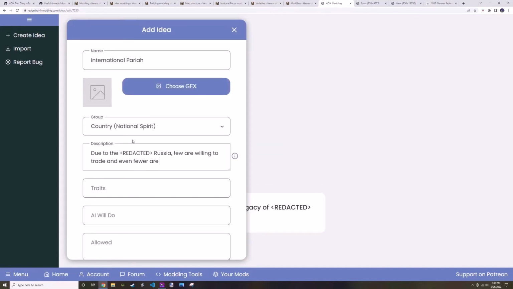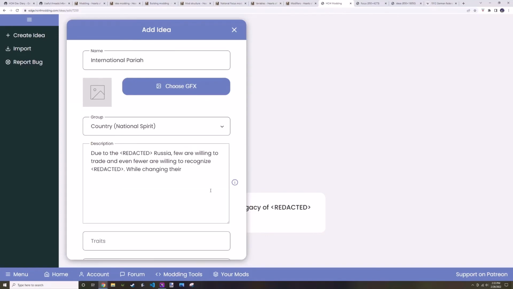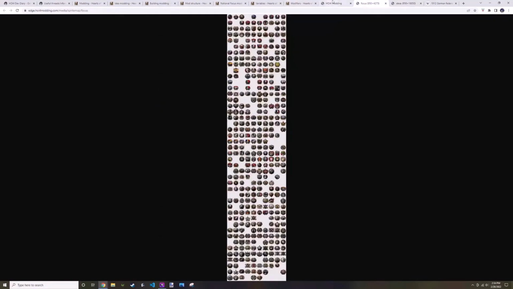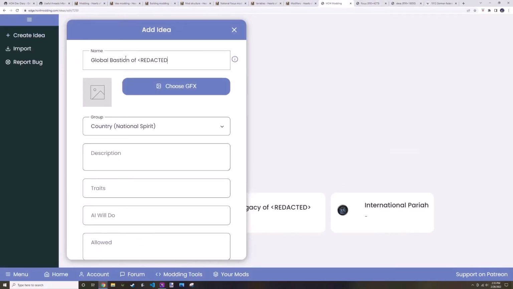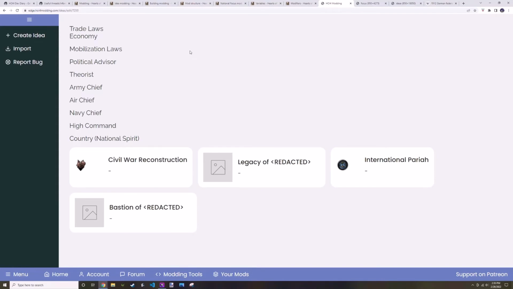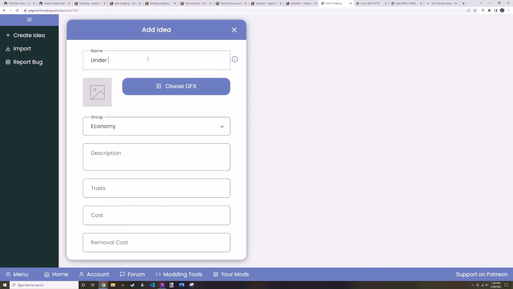Russia is an international pariah. Few are willing to trade, and even fewer are willing to recognize what's going on in Russia, at least diplomatically. That also is the bastion of redacted.